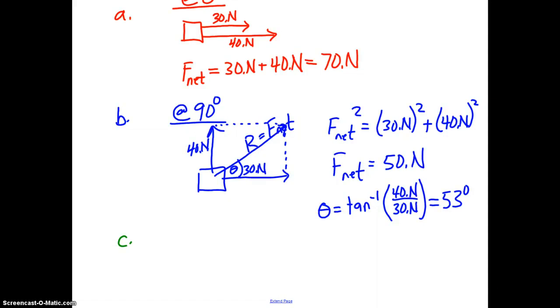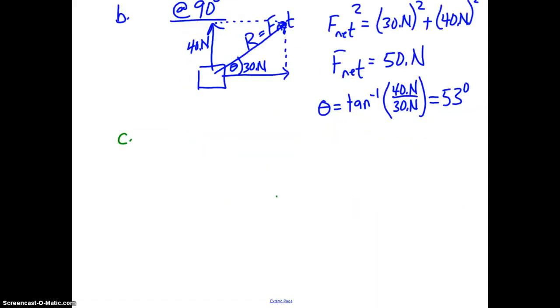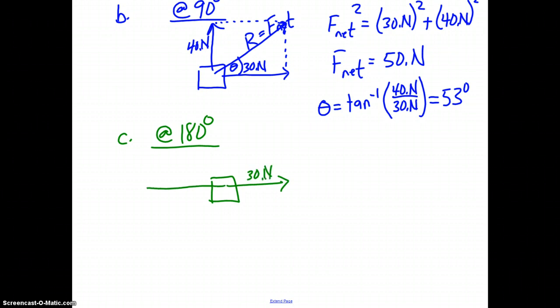Now our two forces have to be at 180 degrees to each other. So we'll draw our box, our 30 Newton force to the right, and our 40 Newton force to the left.